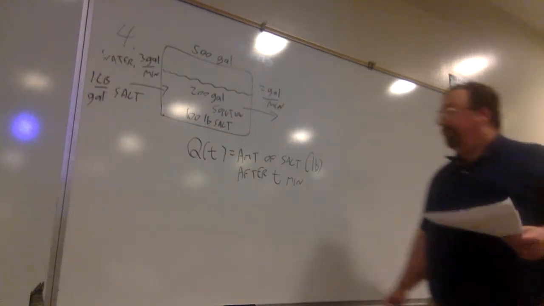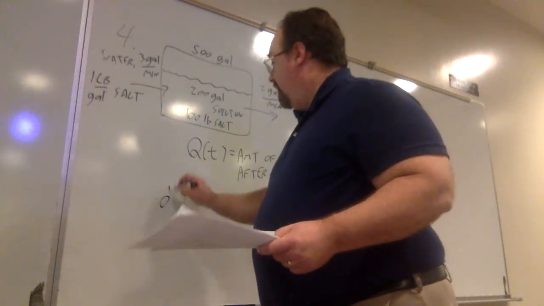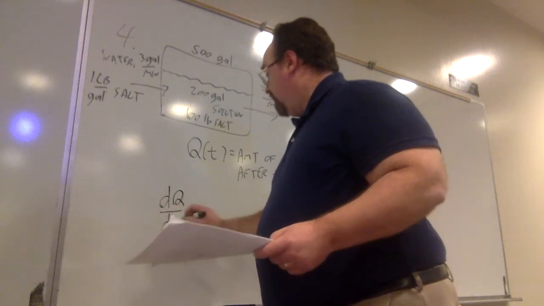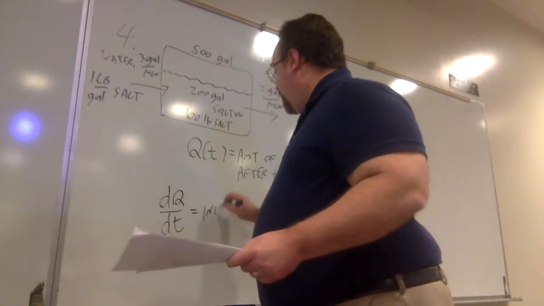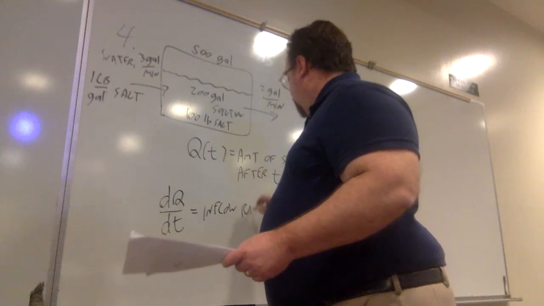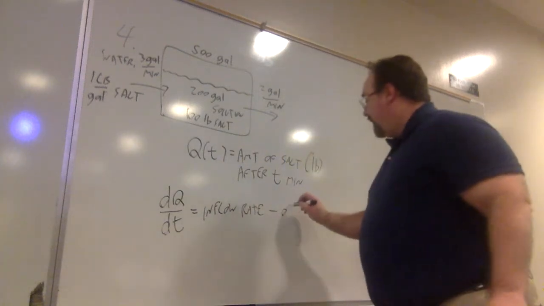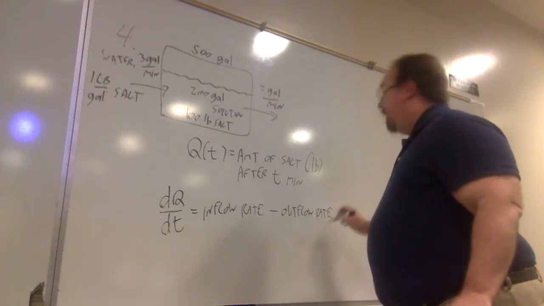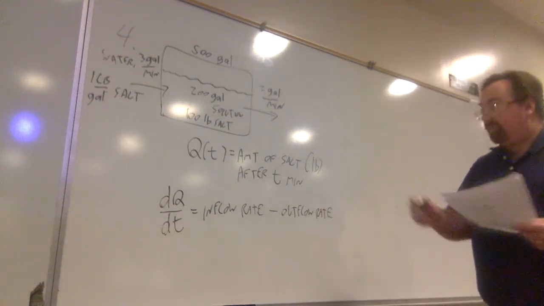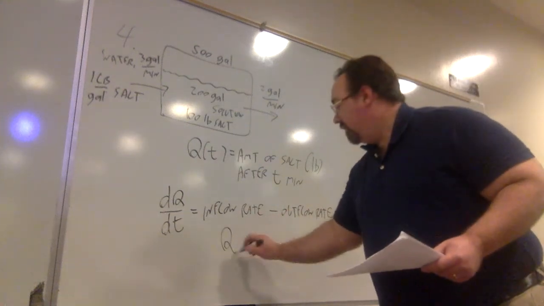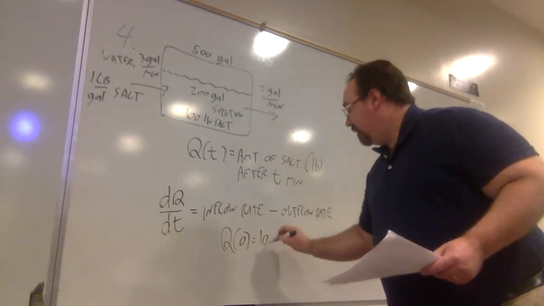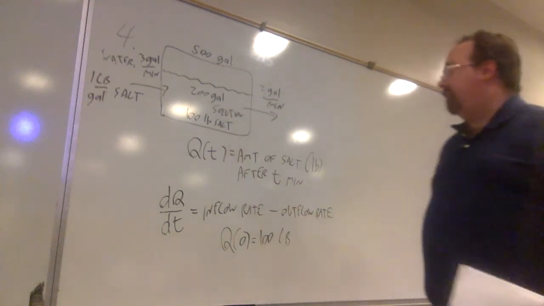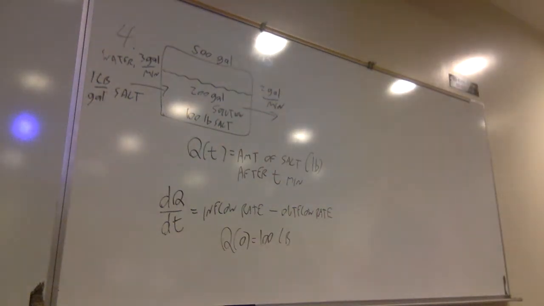So we have dQ/dt, and that will be equal to the inflow rate minus the outflow rate. And the initial condition, because you're told that there's 100 pounds of salt in the tank initially, so that part is settled.